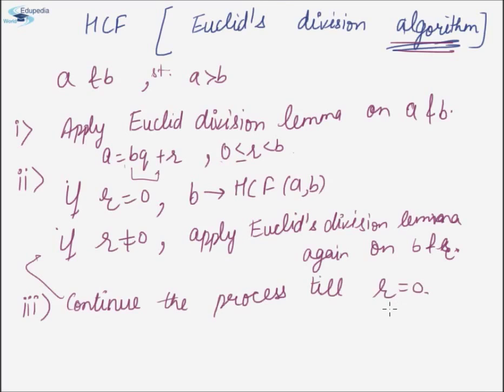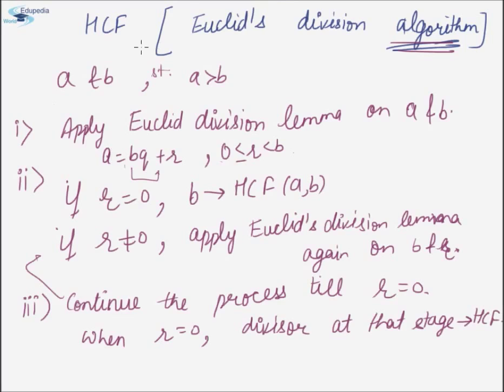That is, till the remainder becomes 0, apply Euclid's division lemma. And when r is equal to 0, the divisor at that stage will be the HCF.